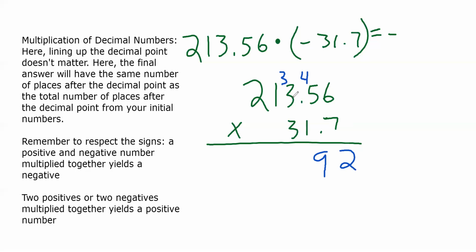7 times 3 is what? 21 plus 3 is 24, so put a 4 down, carry the 2. 7 times 1 is what? 7 plus 2 is, so it's just a 9. We don't have to carry anything. And then 7 times 2 is what? 14.